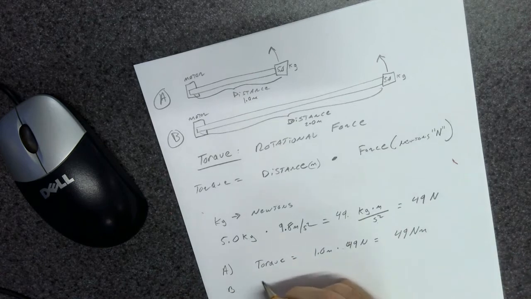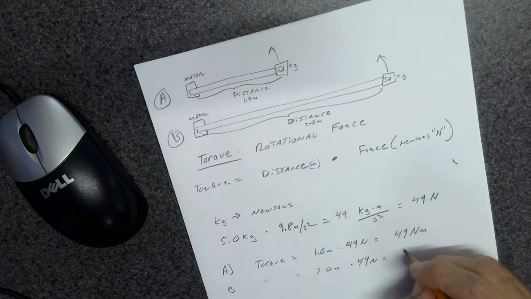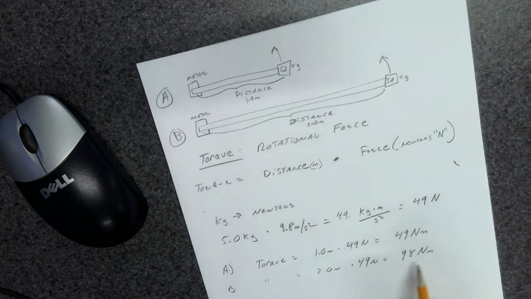And in B, torque is going to equal 2 meters times 49 newtons, or 98 newton meters. So if we double that distance, we're going to double the torque force that's required.